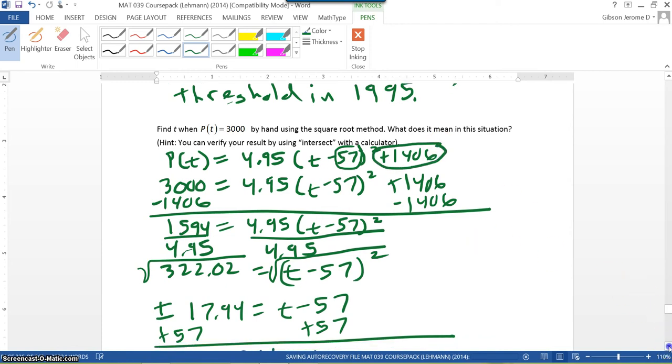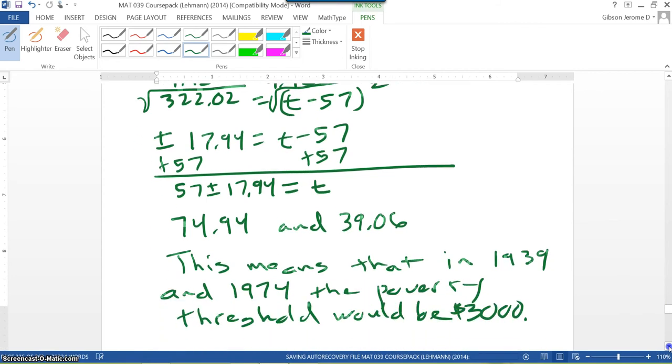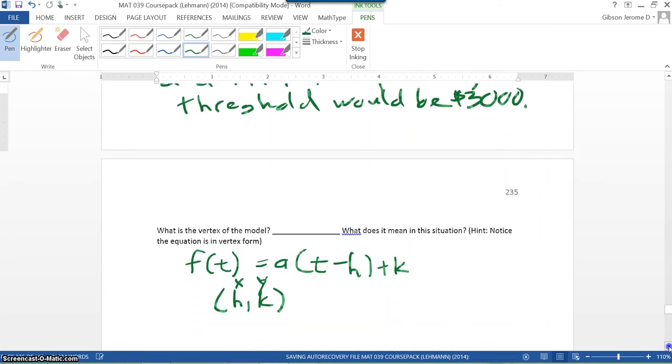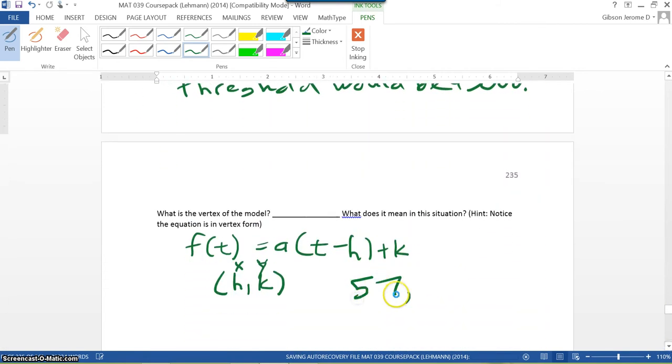So it'd be 57 comma 1406, and this would be our vertex. So we could put that here, which is 57, 1406. Now it says, what does this mean in this situation?